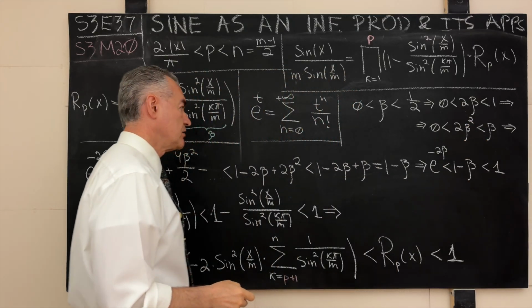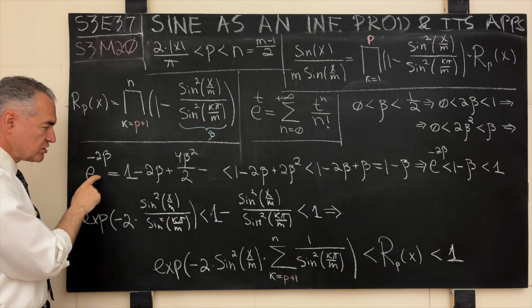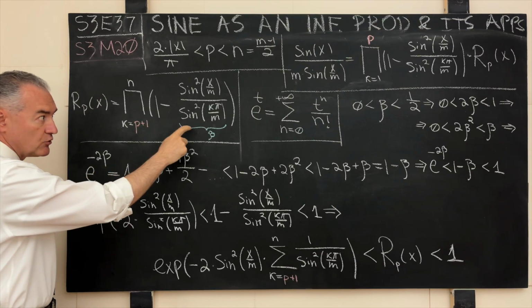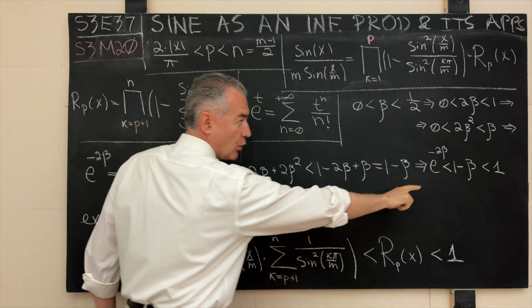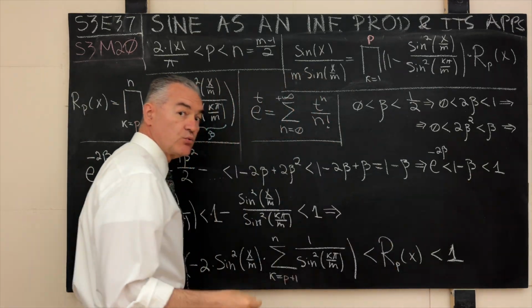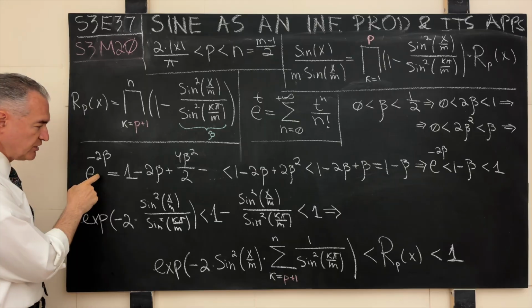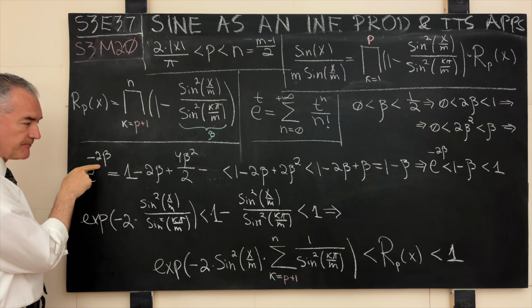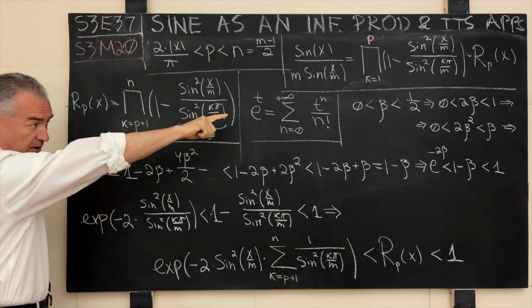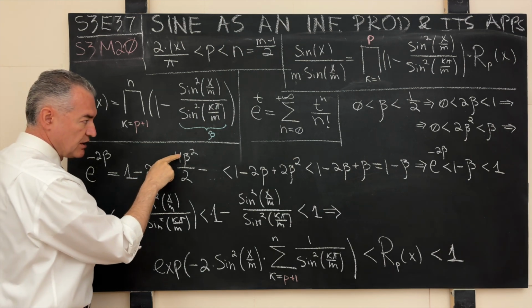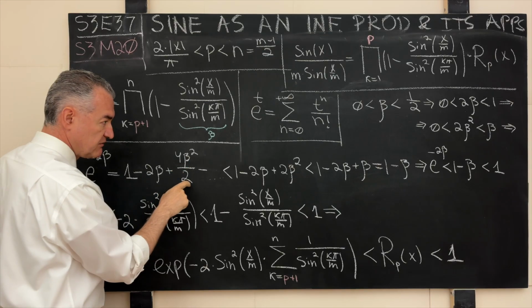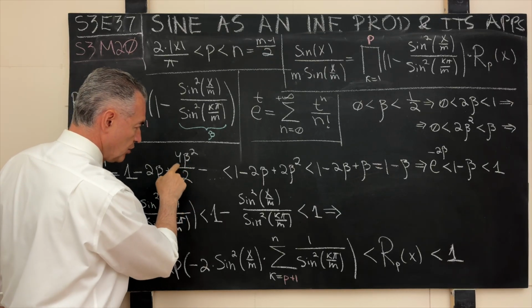And why do we need it? Well, look at this. We now manufacture, according to our need over here, 1 minus something. We want to manufacture this 1 minus something, and we do it with the exponential function. So once we decompose this particular exponential function according to the power series expansion, we have 1 minus 2 times beta plus square of the argument divided by 2 factorial is 2. 2 and 2 cancel out.